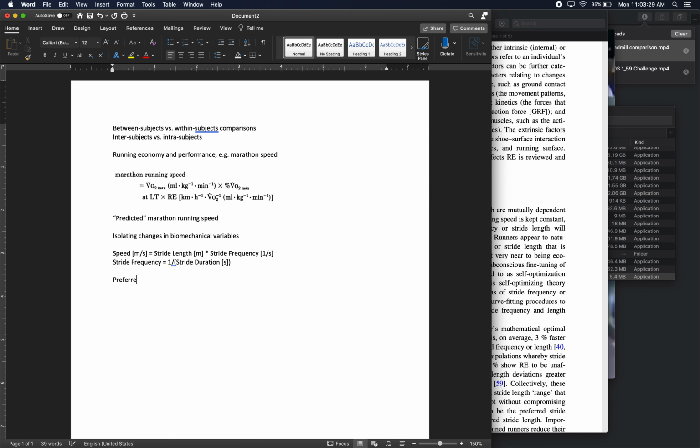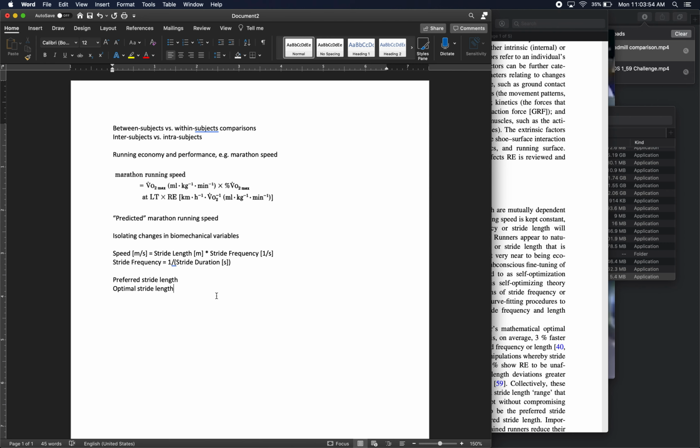So preferred stride length and optimal stride length. Okay. Preferred here is the combination that you just naturally use to run at some speed. And optimal is the combination at that same speed that would give you the most economical gait, the lowest metabolic cost of running.